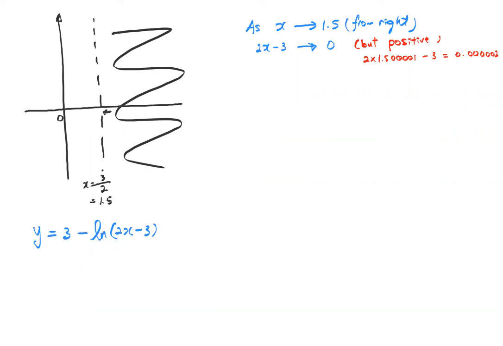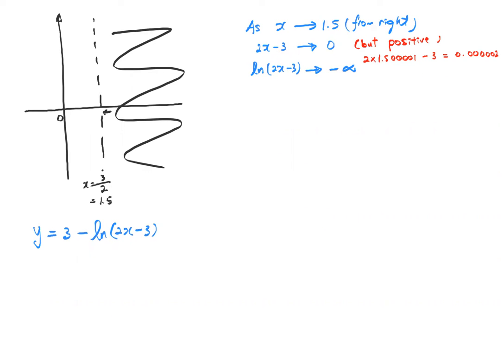So what happened to the value of ln(2x minus 3)? For a number that is less than 1, the value of the ln will be negative. The closer it is to 0, the more negative it will become. Am I right? So it will tend toward negative infinity. Are you all following me?